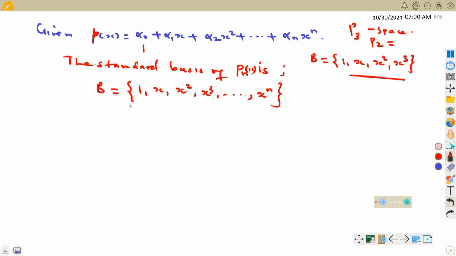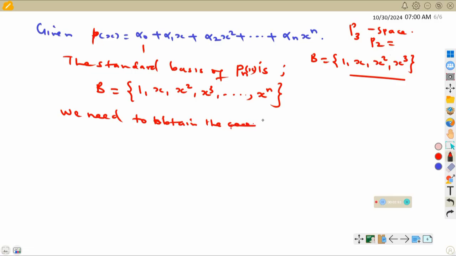If that is the case, then we need to obtain the coordinate vector.